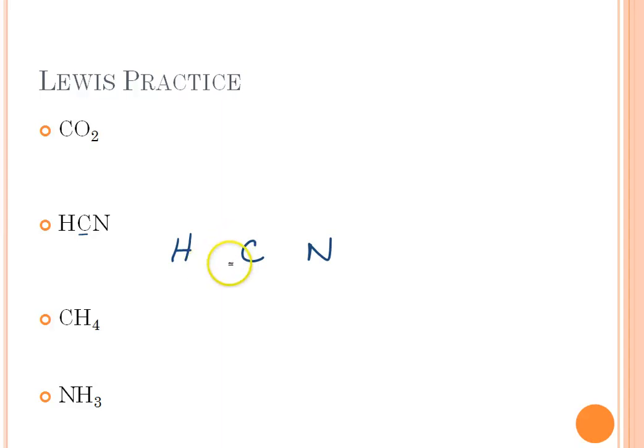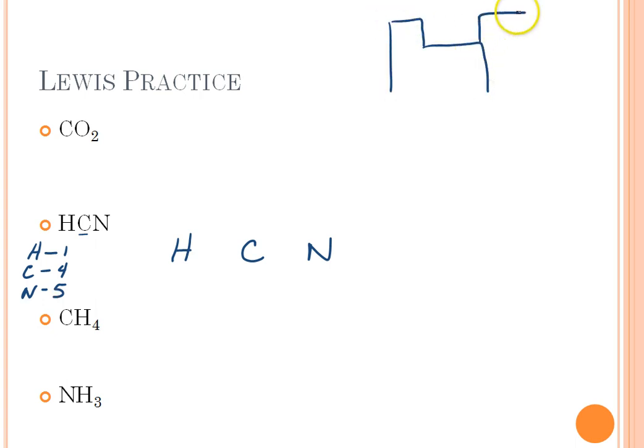So the first thing to do is count up our total number of valence electrons we should see in our structure. Hydrogen, if you look on the periodic table, is going to have 1 valence electron. Carbon has 4, and nitrogen has 5. Again, where am I getting this from? You should probably look back at your labeled periodic table that you already did in the first podcast, where it shows you, we're only really looking at the S and the P here.